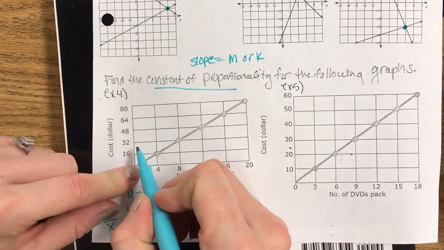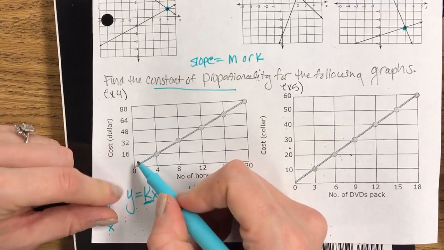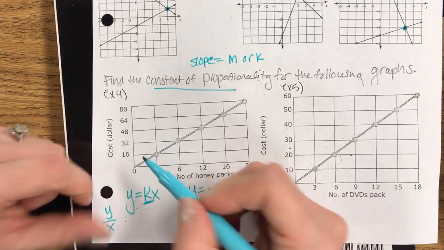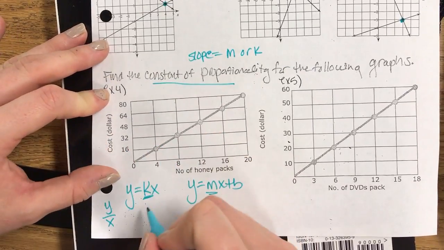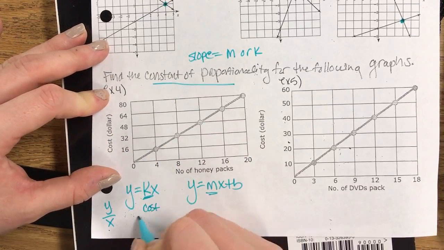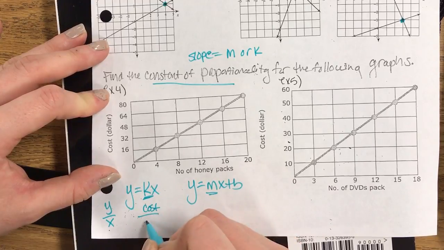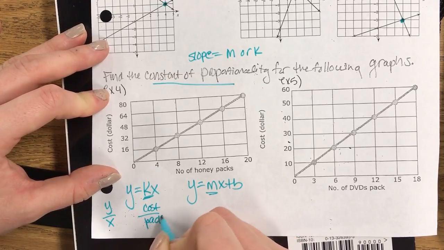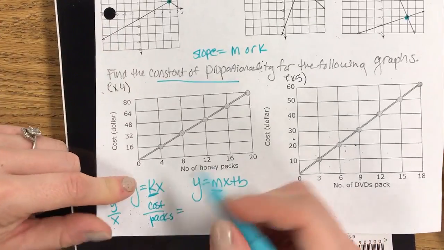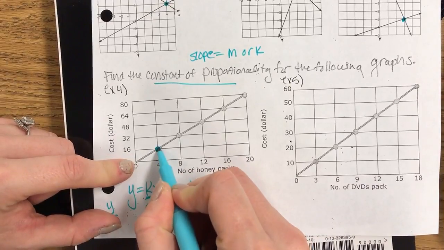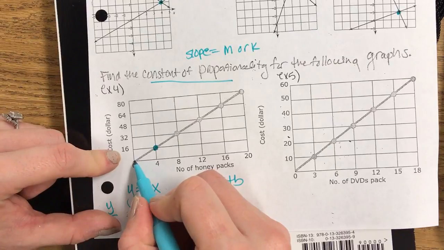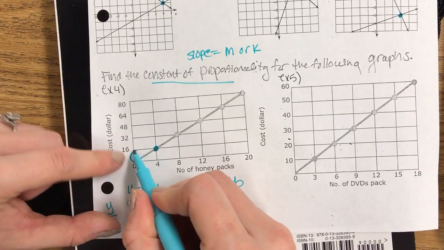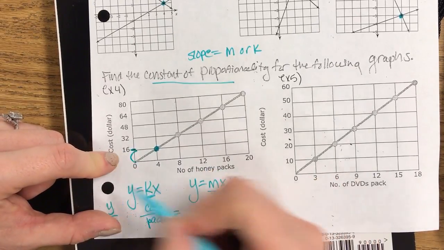So the constant proportionality on this graph, a lot of times we think we can just count the squares, but not all graphs are going by ones. Okay, in this case, it's talking about the cost over the number of honey packets. So my constant proportionality, my first point is right here. And so let's see what that y value is over that x value. So my y value, it went up 1 square, but where am I at when I go up 1 square?